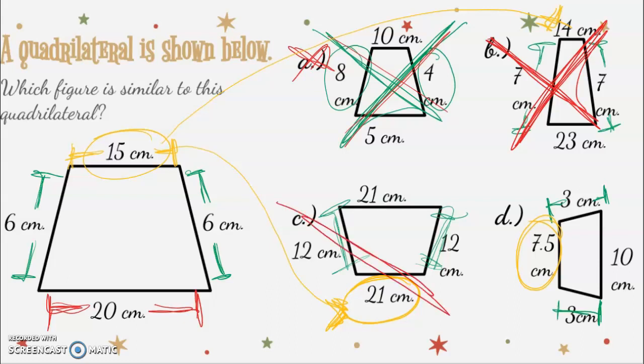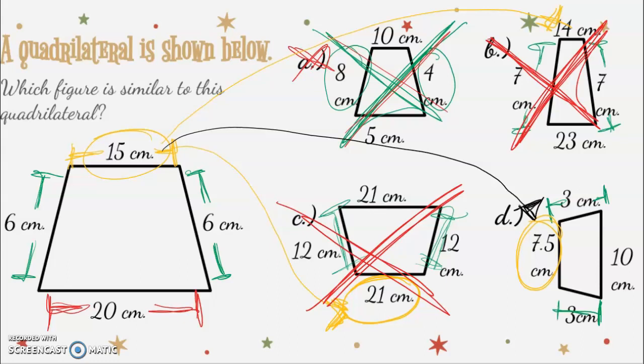Oh no. So you're thinking it has to be D. Well, let's double check and make sure. If I take 15 and divide it by some number, 15 divided by 1 would be 15. So now, let's try 15 divided by 2. If you plug it into your calculator, what do you get? 7.5!